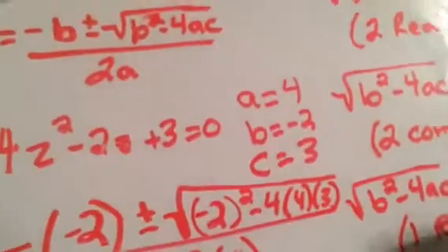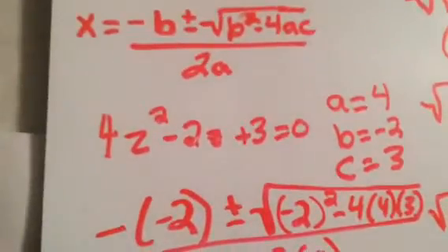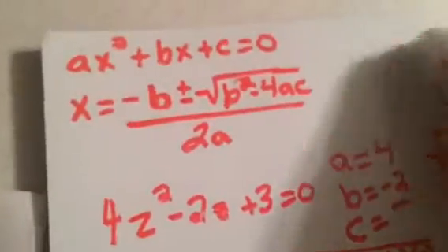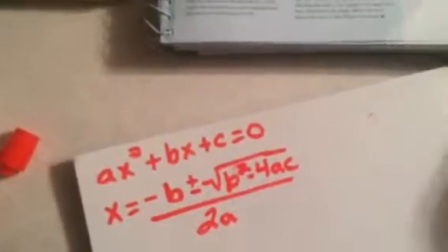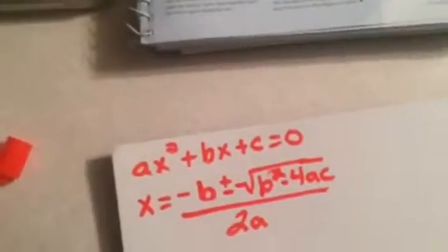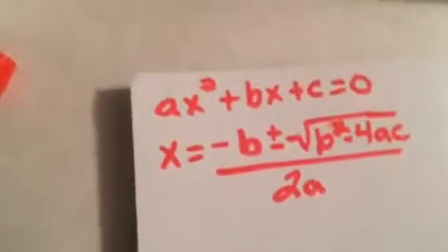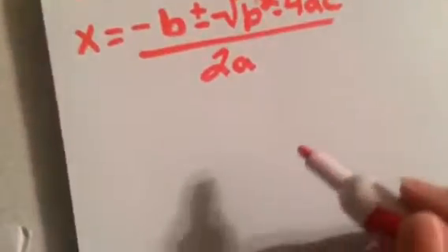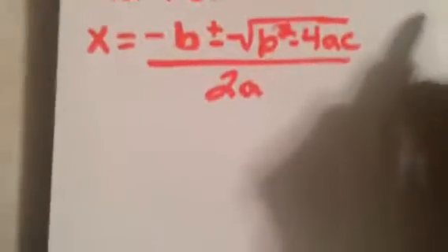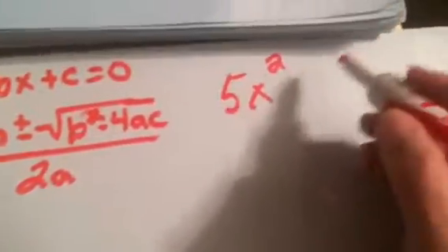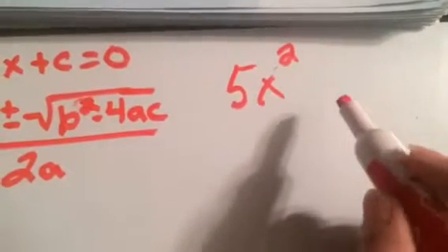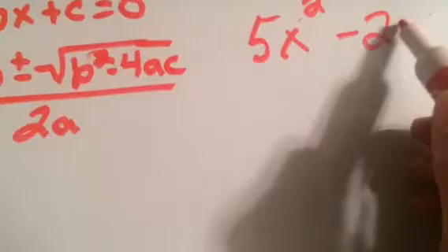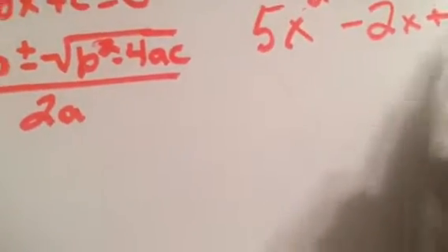Let me erase and see if we can get another example of one. Okay, so we will use 5x squared minus 2x plus 1 equals 0.